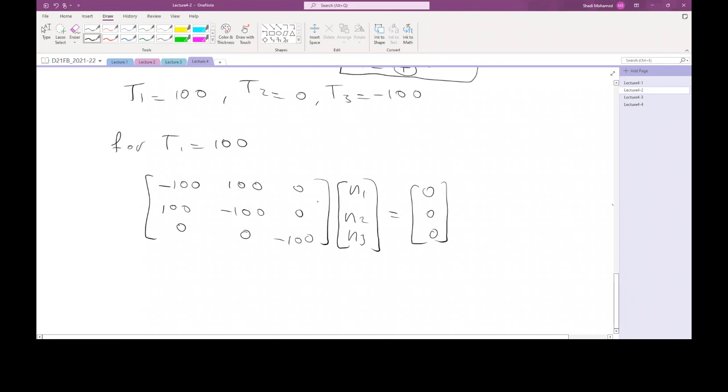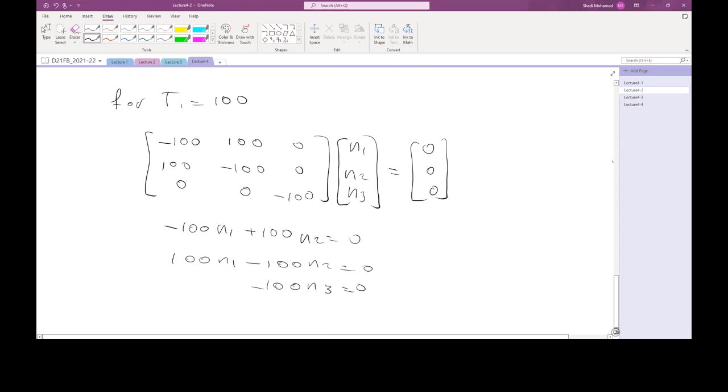So multiply them, and you get 3 equations with 3 unknowns. The standard procedure. I have minus 100 n1 added to 100 n2 is equal to 0. I have 100 n1 subtracted from 100 n2 is equal to 0. And finally, I have minus 100 n3 is equal to 0.